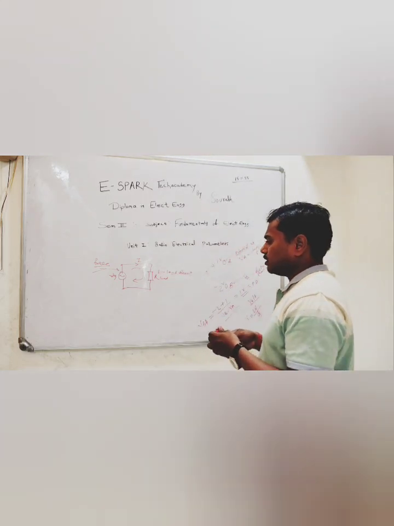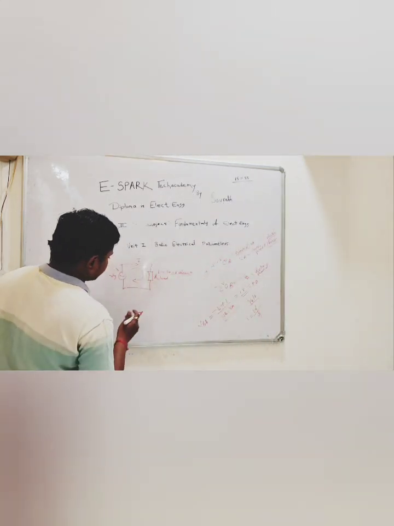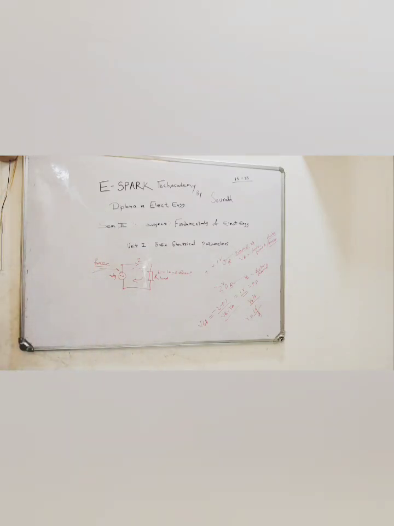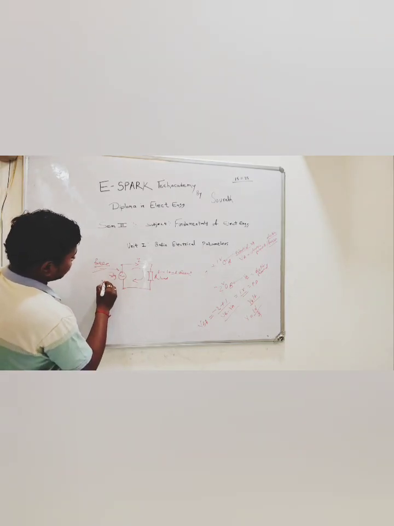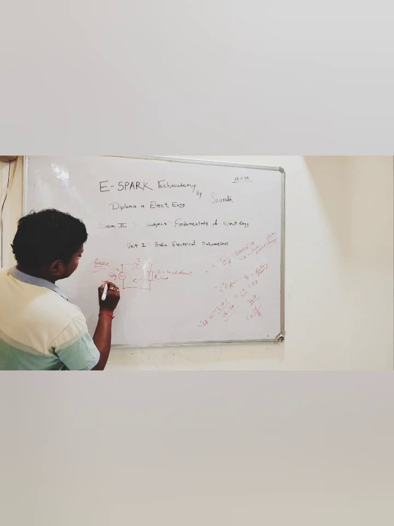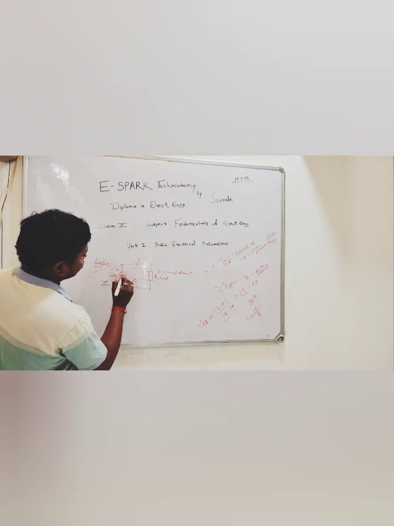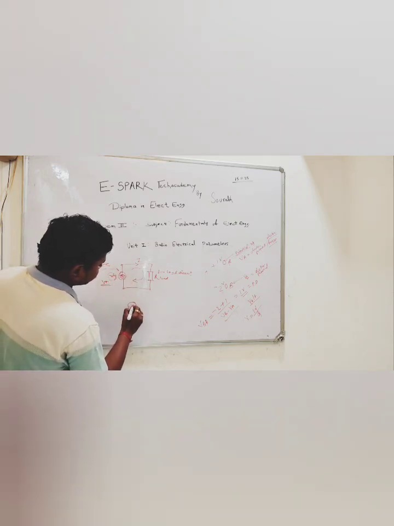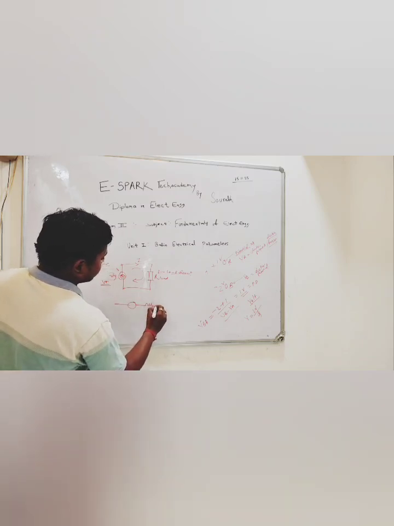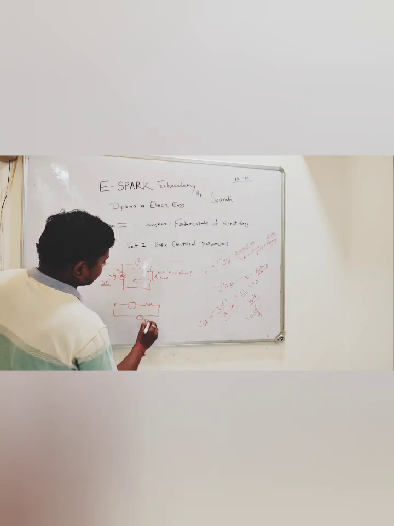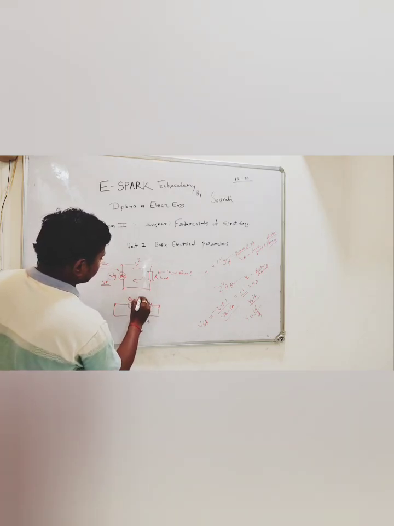But EMF is nothing but an internal force which is actually created. Here this is the terminal voltage VT, but EMF will be present in the center of it, means EMF, one resistance, and then you get this terminal VT. This is the EMF and this is the resistance.